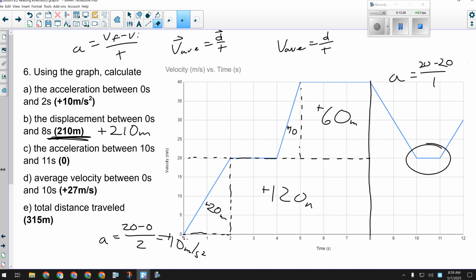Either way, you get the right answer. I would be more impressed if you just wrote 0 because you recognized it wasn't accelerating. I'd probably be less impressed if you wrote the math like I just did there, because that means I can interpret a graph. Not that the other way isn't perfectly valid, it is, but I'm more impressed by you understanding a graph.